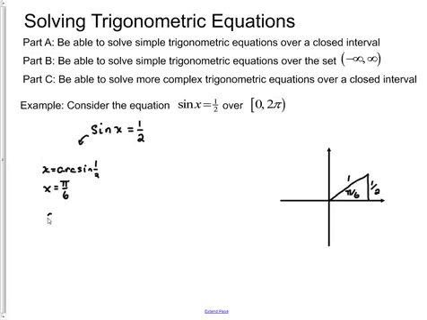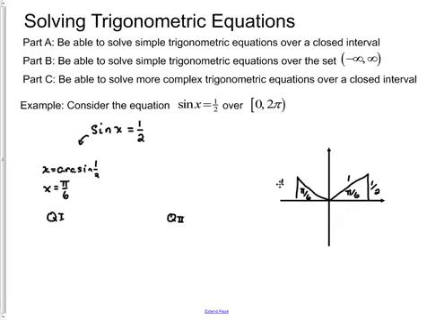And we know that, well, in quadrant 1, sine gives us a positive value, but that's also true in quadrant 2. And so what we're going to do here to find our other angle is to use that angle, pi over 6, as a reference angle. So if we come over here, we use pi over 6 inside of this right triangle.